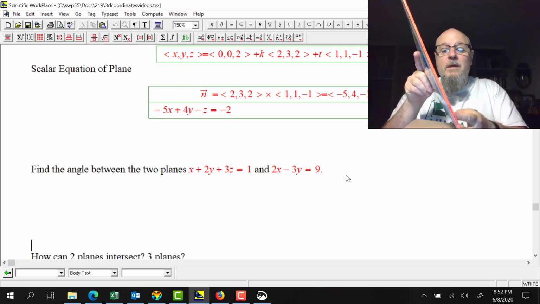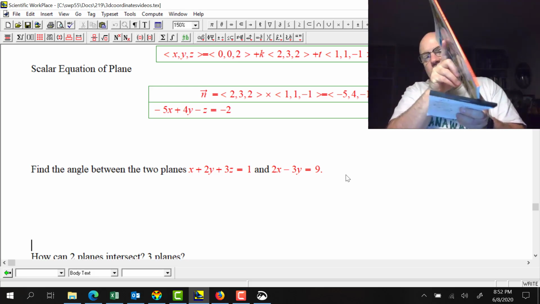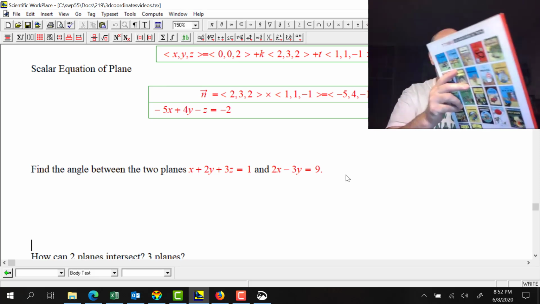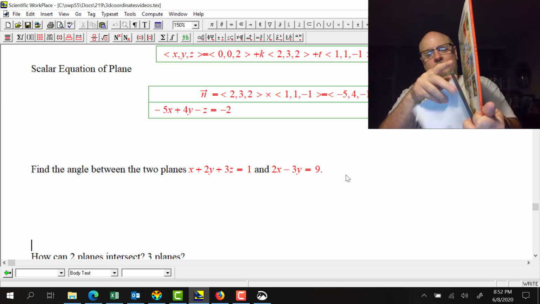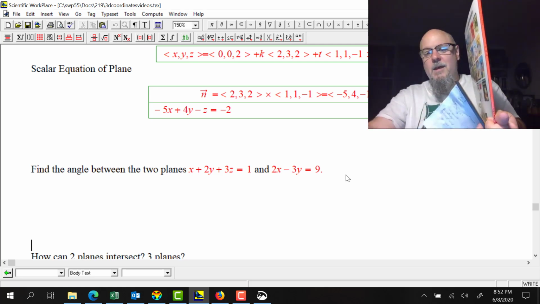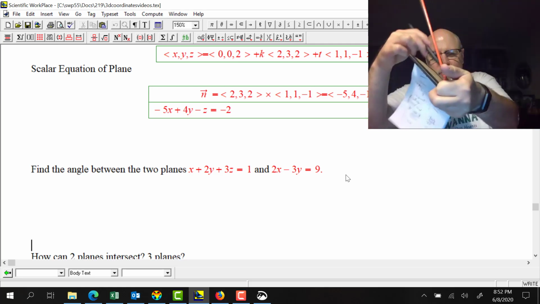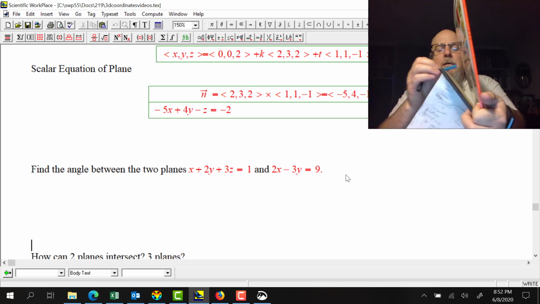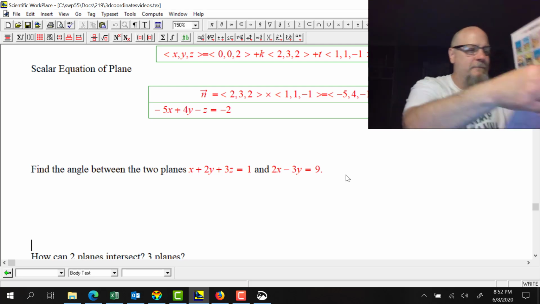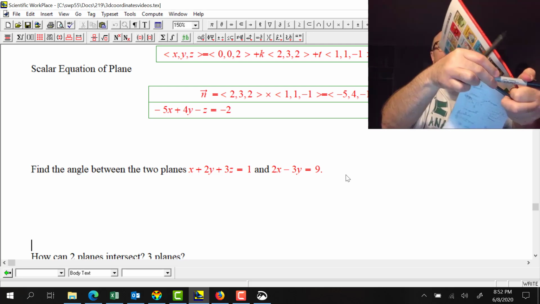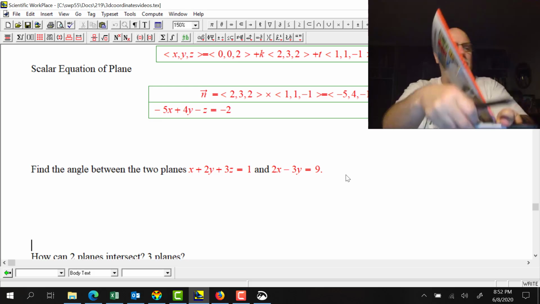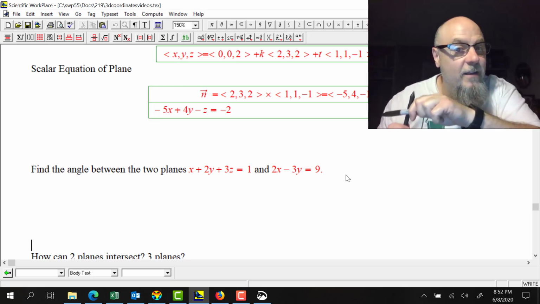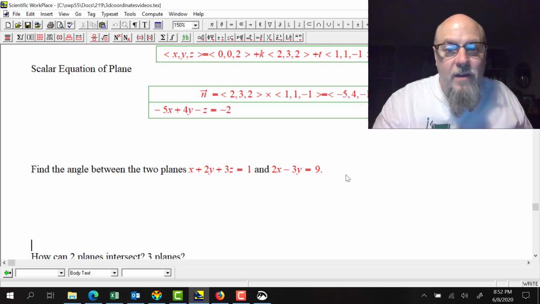Well, here's the thing. If I want to know the angle between these 2 planes, if I have the 2 normal vectors, the normal vectors intersect at the same angle that the planes intersect at.